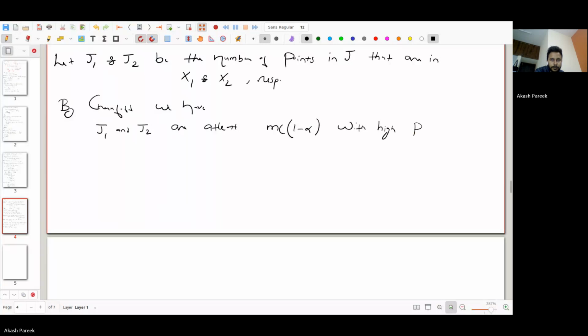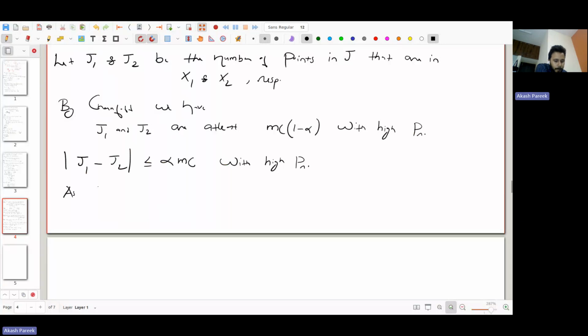Then the cardinality of J1 minus J2 is bounded by alpha mc with high probability. Why? Because you take one of them to be mc(1 minus alpha), and we know that the total number of points in J is 2mc. You just subtract them, and you'll get J1 minus J2 to be bounded by alpha mc.